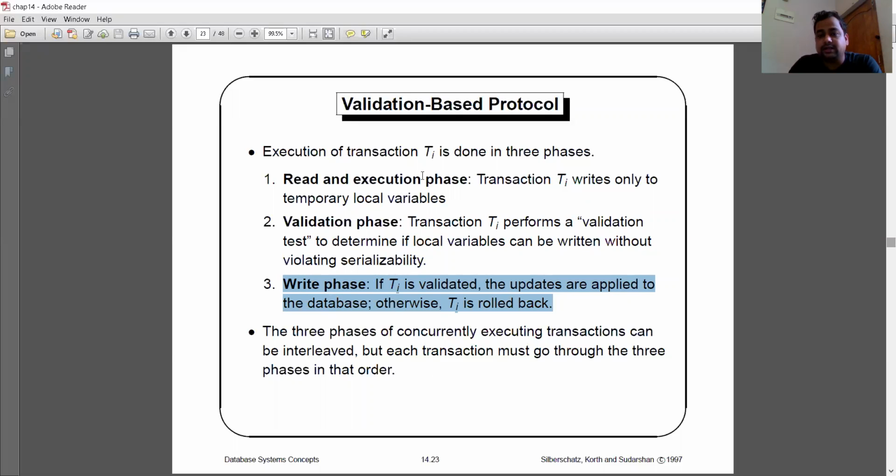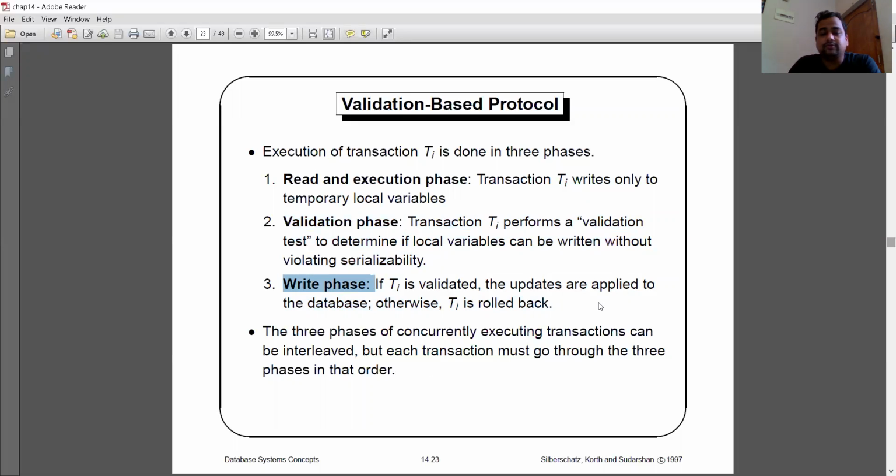So: read and execution phase, validation phase, write phase. In the read phase, it reads the data item and writes into a temporary local variable. In validation, it checks whether the test is valid without violating serializability. Third, once the validation is completed, the updates are applied to the database.